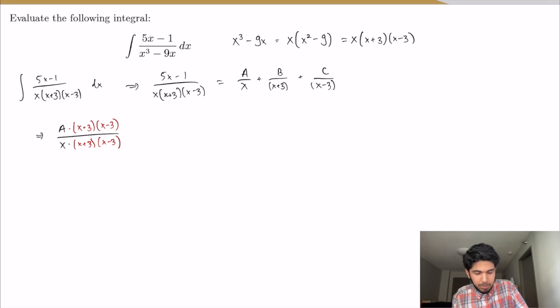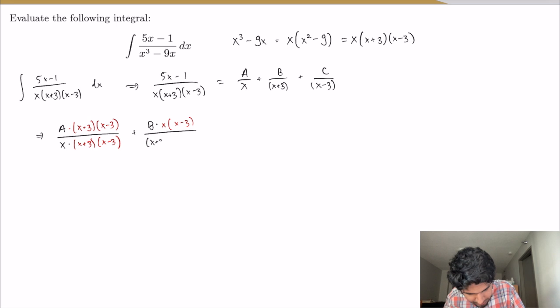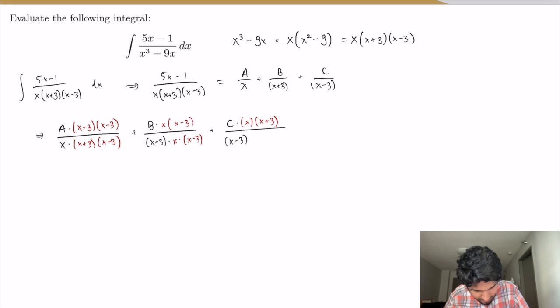The second term, we want to multiply this by x times (x - 3) over x times (x - 3). So this will be b times x times (x - 3) over the common denominator. And the last term we want to multiply by x times (x + 3), and on the denominator we have (x - 3) times (x + 3).